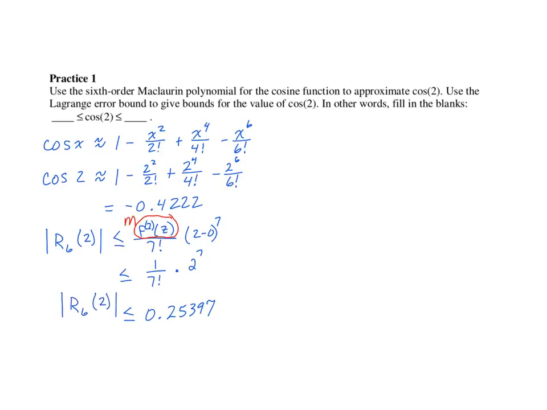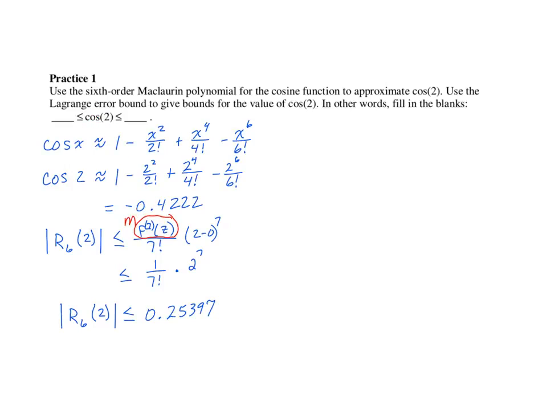What that means is that our remainder has got to be less than or equal to this value. The absolute value means this could equal positive this, or it could be negative this. And this value right here that we found is the cosine of 2.